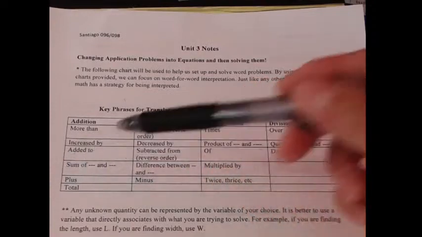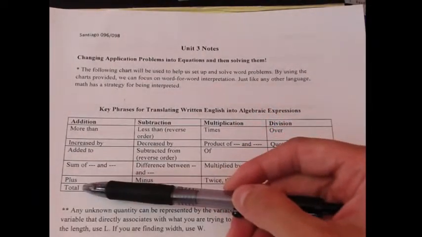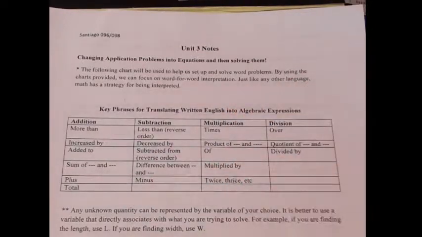So sum of implies you're adding the two pieces together. Plus or total. The really nice thing with addition is that order does not matter. Recall the commutative property. 2 plus 5 is definitely the same as 5 plus 2. So with addition, we're not too worried about the order of your terms, just so long as you're using word for word interpretation.